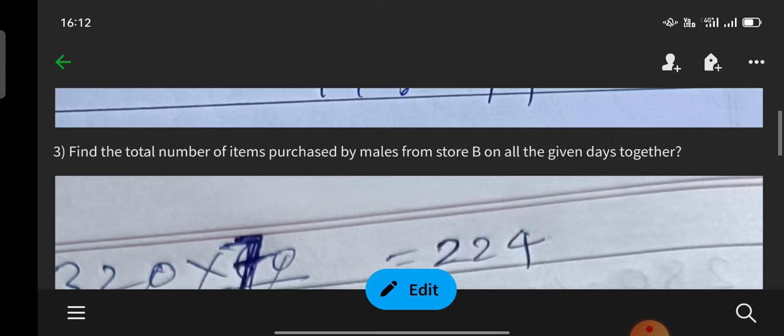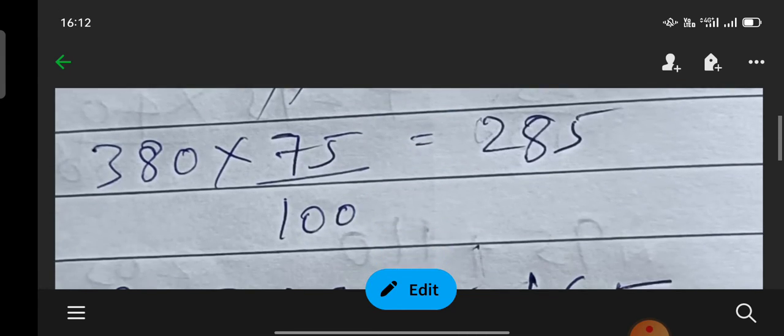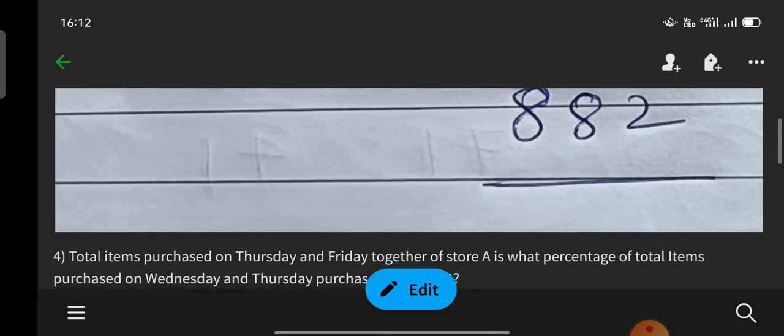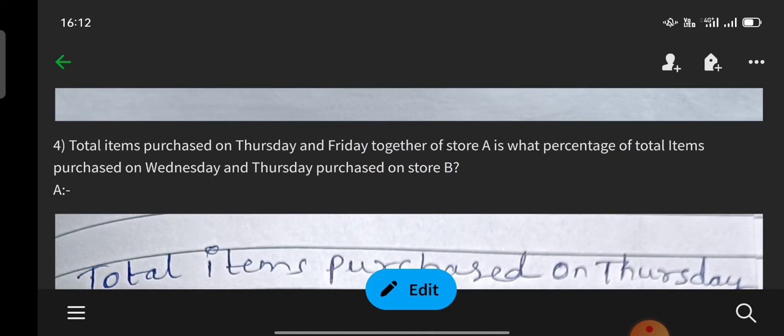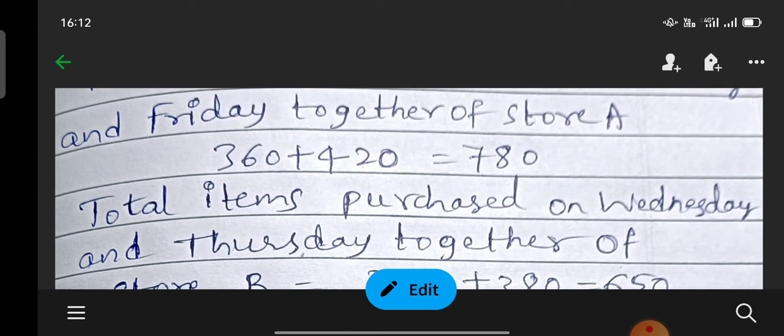Like that, from store B Monday to Friday, take all the items with percentages and add all the numbers, then you will get the answer. If you are getting any doubt, I kept the solved papers here, and you can pause the video and practice it easily.